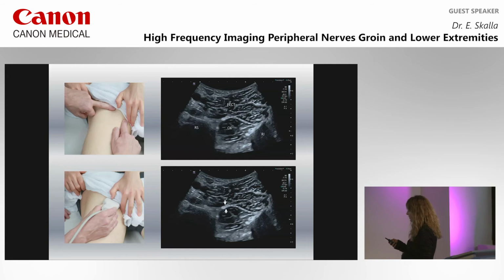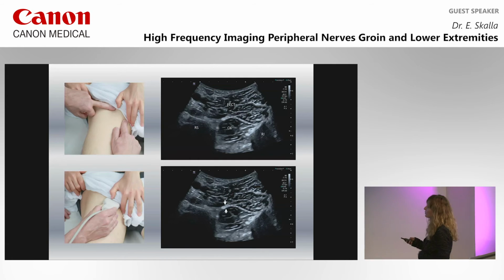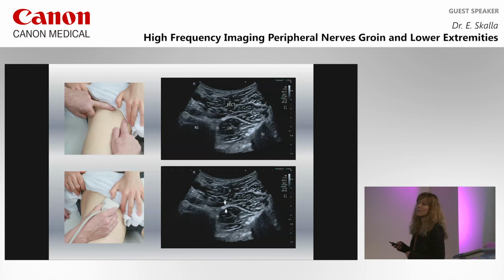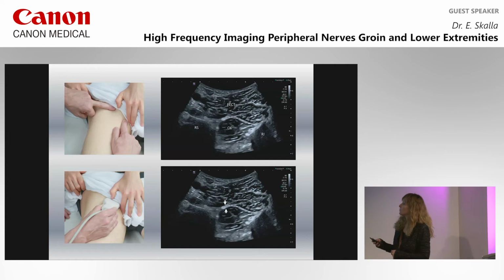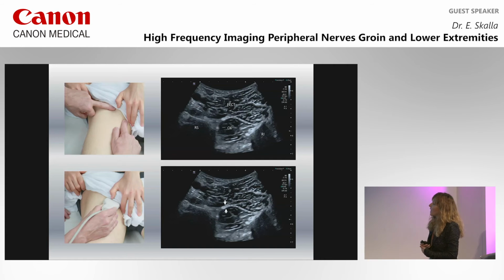And the point of optimal visibility is here in between those two muscles, pectineus and obturator externus, and this is the cross-section area of the main stem, proximal, just where it exits the obturator channel.